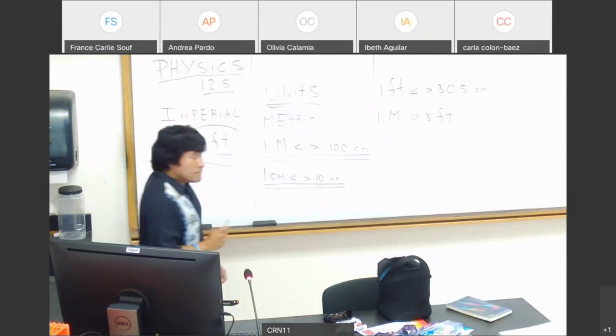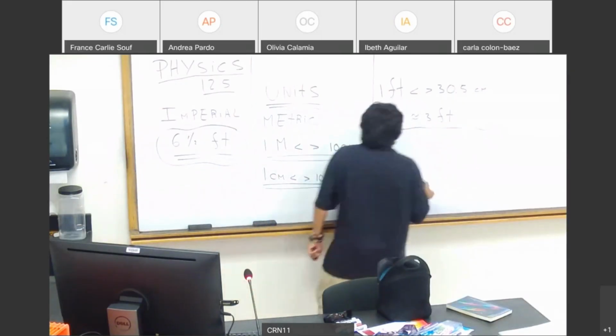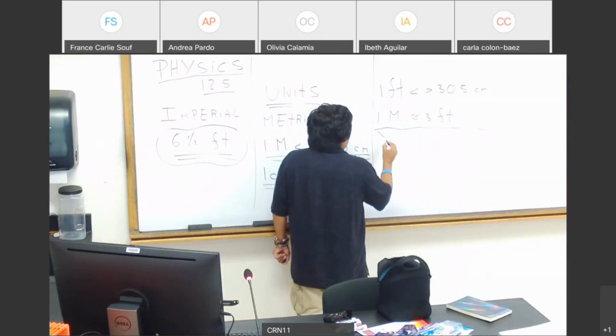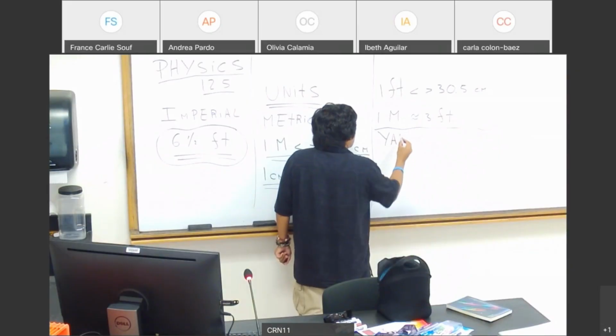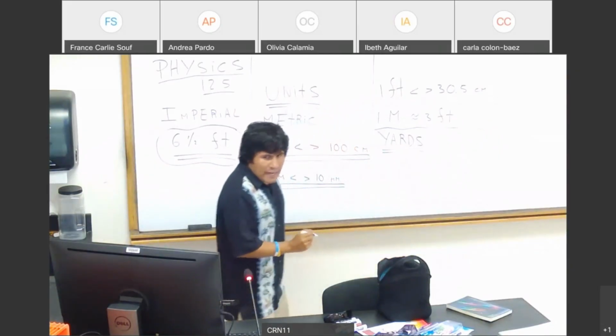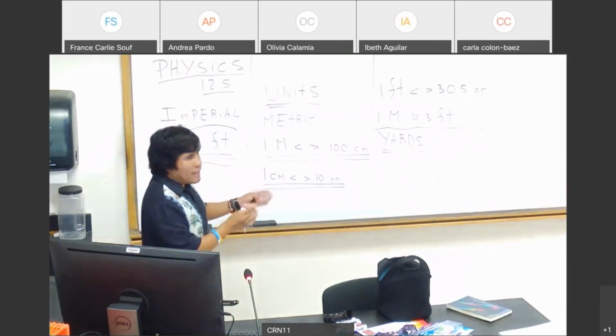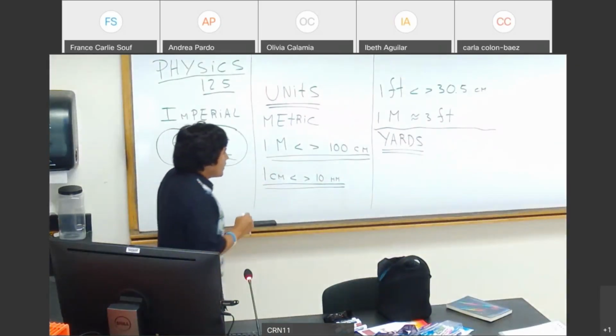That's why in the imperial system, as you see in the notes, you also have the concept of yards. A football field is approximately 100 yards, right? Well, that's half of a football field. No, a football field is 100 yards.